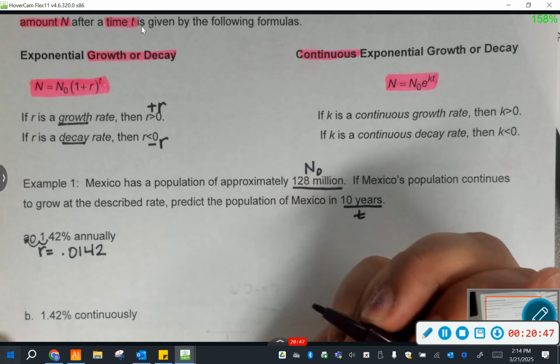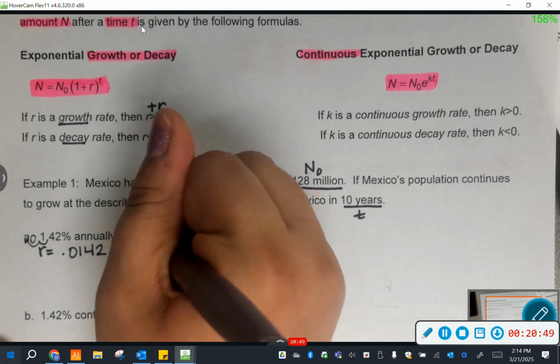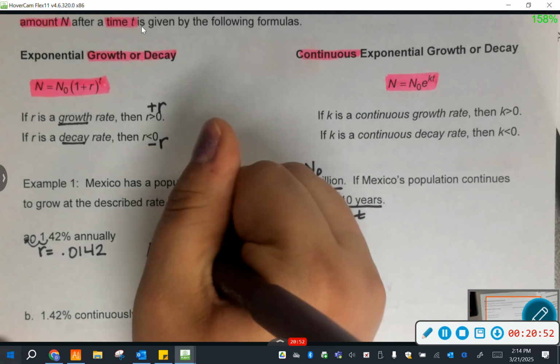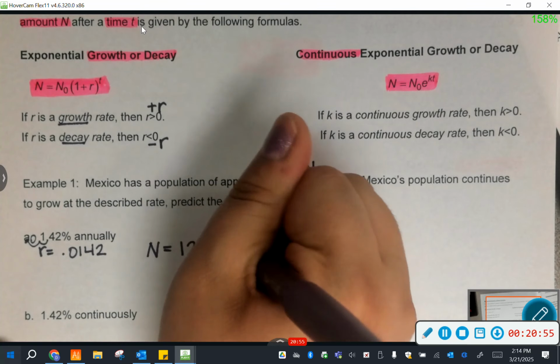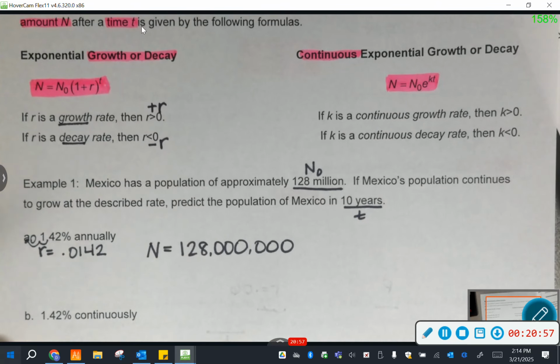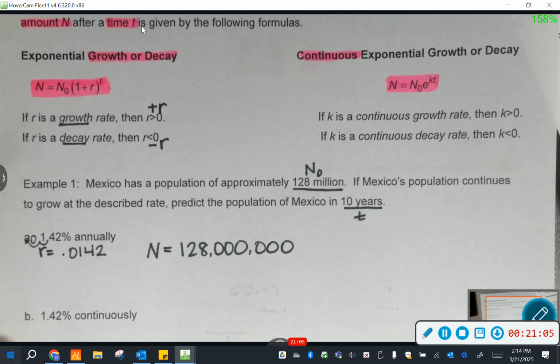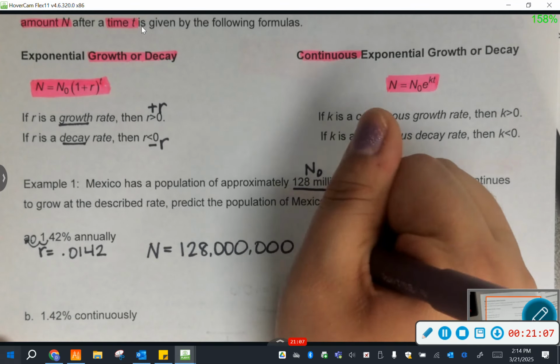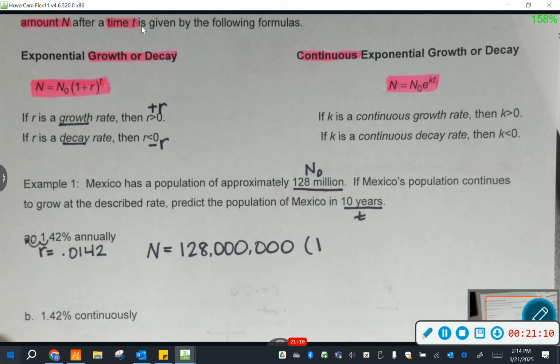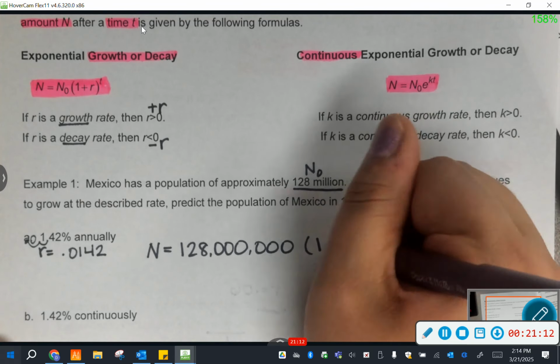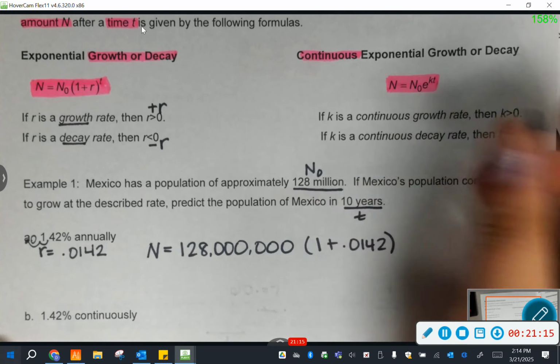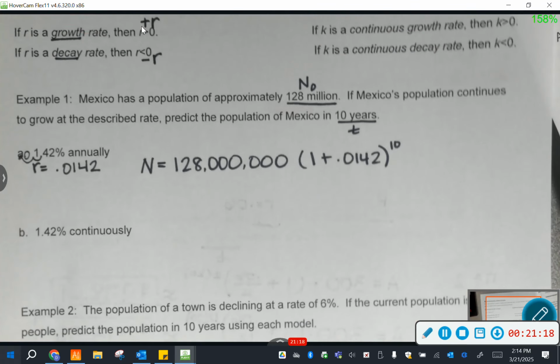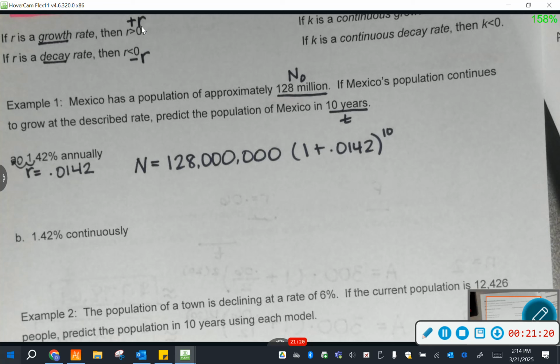And so then I am going to say N equals, and yes, you have to write out 128 million because that's what you would type in the calculator. Really, the 6 zeros is less than million. And I'm going to do 1 plus 0.0142 raised to the 10. And that is what I'm going to expect you to do on your test.